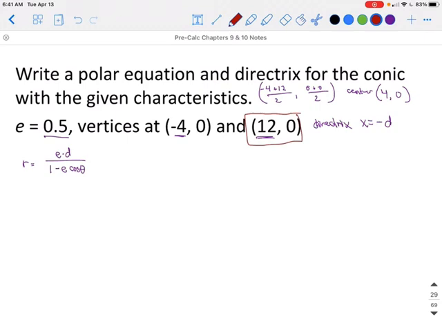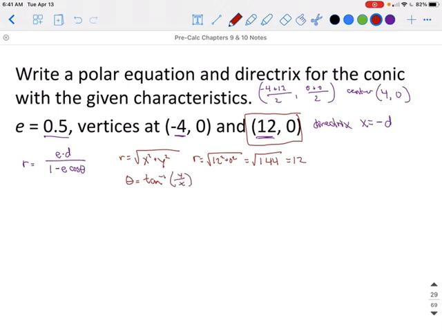Remember, to break this into polar form, we need to find the r value, and r value is the square root of x squared plus y squared. So we're going to do 12 squared plus 0 squared, or square root of 144, which is just 12. To find our theta, it's going to be the inverse tangent of y over x.